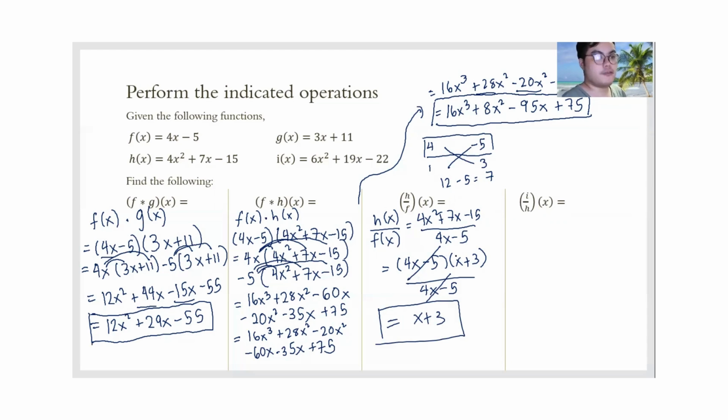Here, for i of x divided by h of x, this will be 6x squared plus 19x minus 22, then this will be 4x squared plus 7x minus 15. We're going to factor this out to test if we have common factors. For this function, the factors will be 3x and 2x. What are the factors of 22?